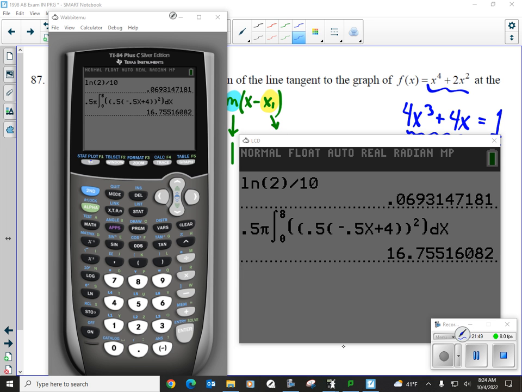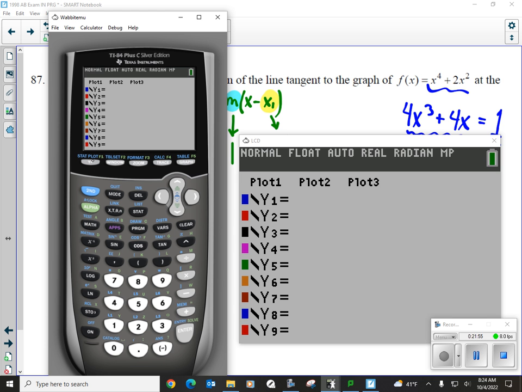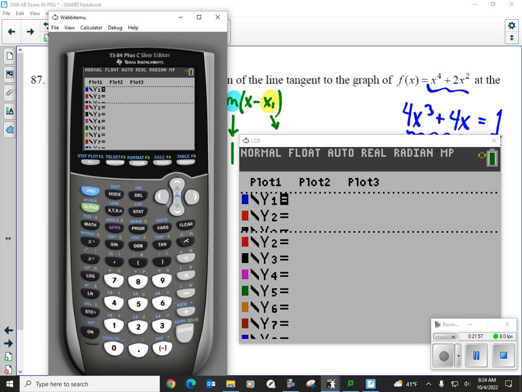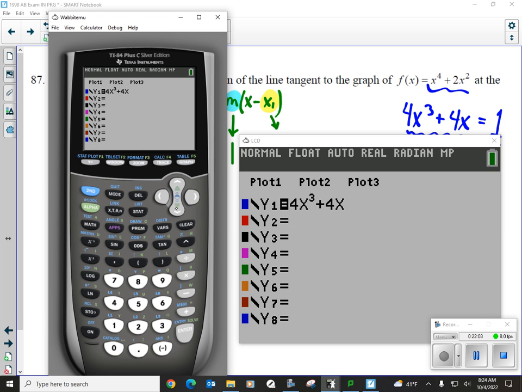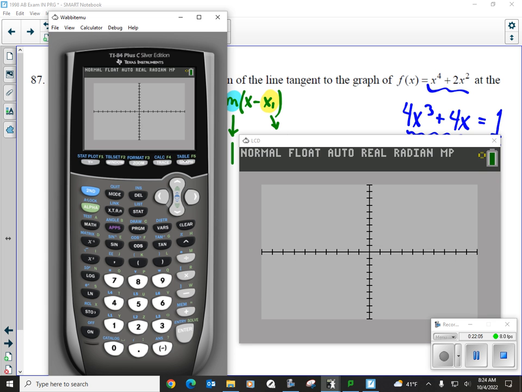So we have y equals, oh, I got to put my marker down. Y equals 4x cubed plus 4x, and y equals 1. And I'm going to graph that puppy. And they're going to intersect somewhere at some random crazy decimal.